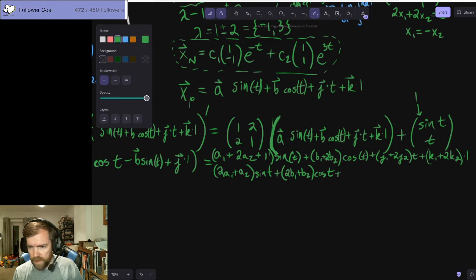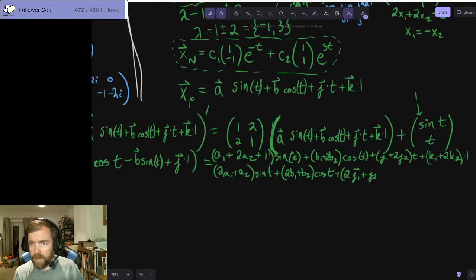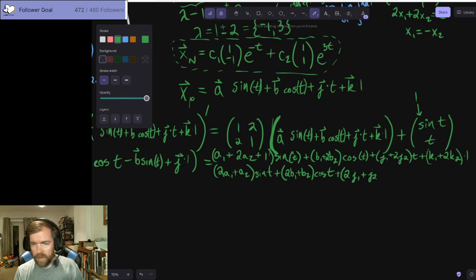j is going to be same deal here. It's still 2j1 plus j2, however, not vector. We're inside of a vector. Plus j2, but now we've also got the t at the end, which is going to contribute a 1 as well.